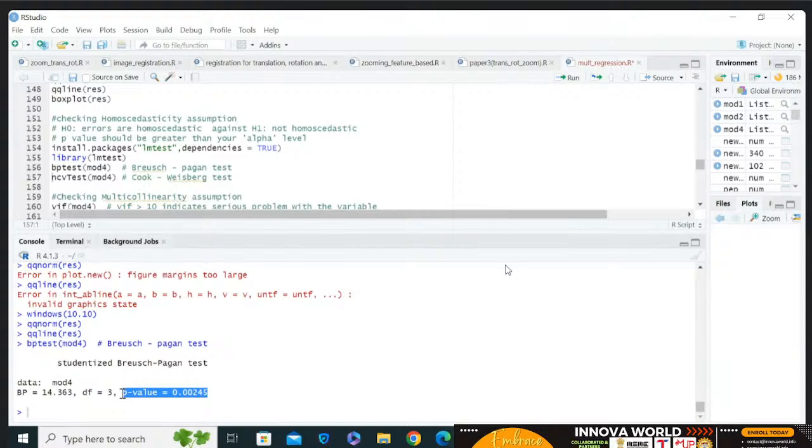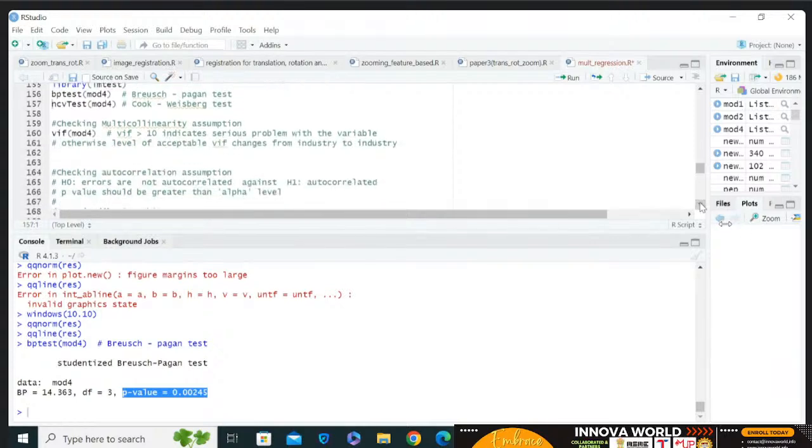If it is smaller, then we have to reject the null hypothesis, in both cases. That means the errors are not homoscedastic. So this assumption is also violated, right?